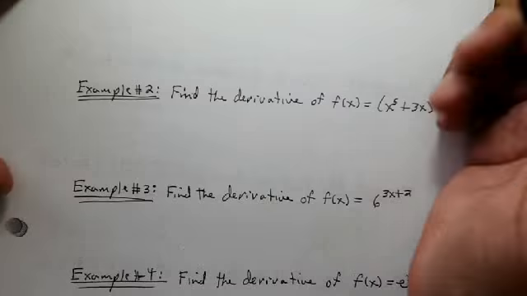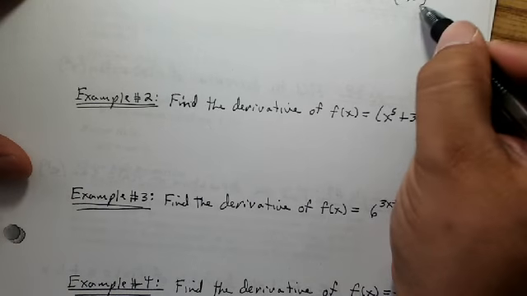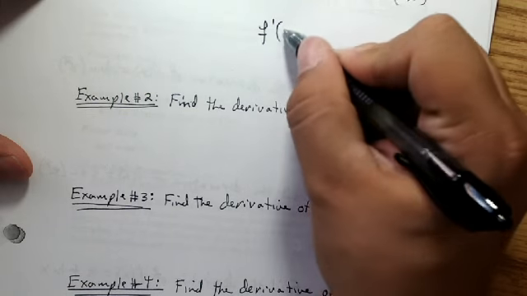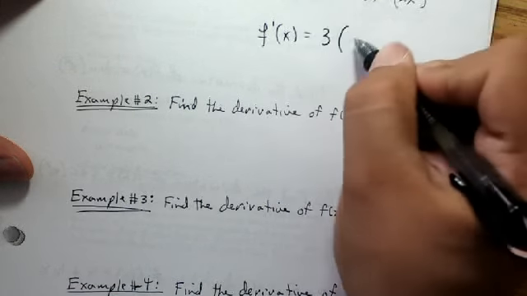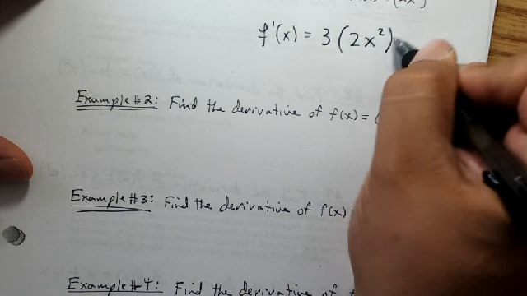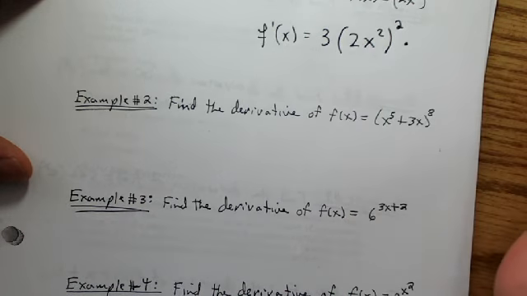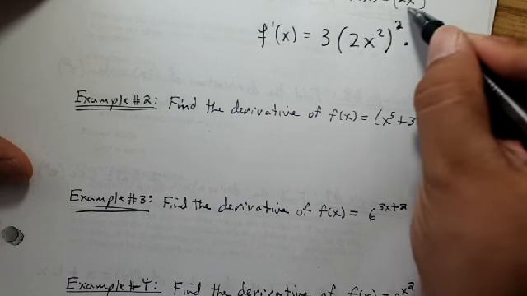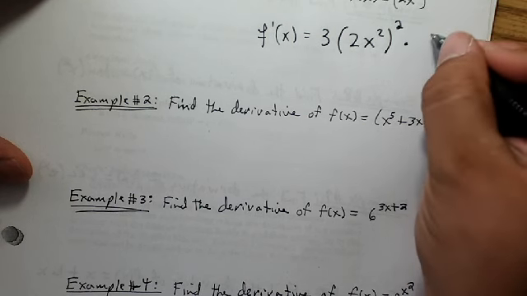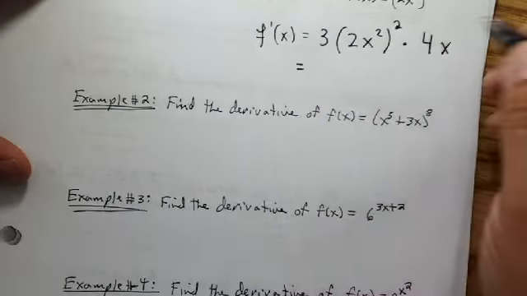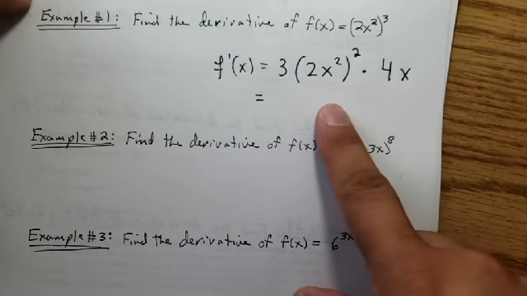Okay, so this one would be f prime of x. This would be 3 times 2x squared to the second power, right? Times what? The derivative of the inside. What's the derivative of the inside? 4x. Now, if you look at this example, can you simplify everything?